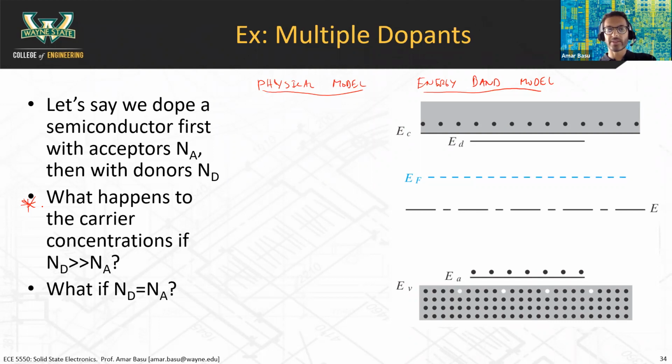So this was ND is much greater than NA. Let me just restate. You can see there's a whole bunch of electrons up in the conduction band, only a handful of holes in the valence band. So this is a situation where ND is much greater than NA. What do you think will happen to these electrons up here?